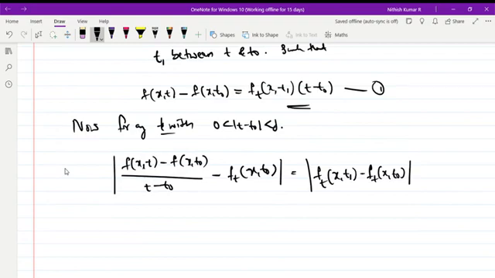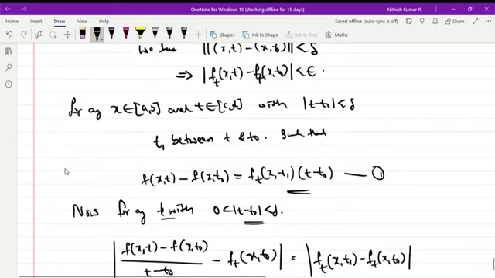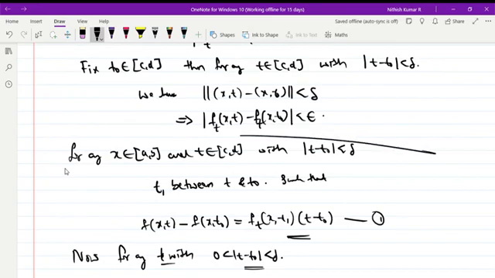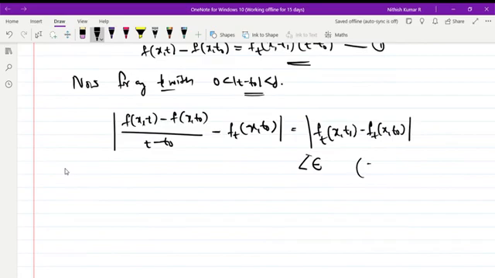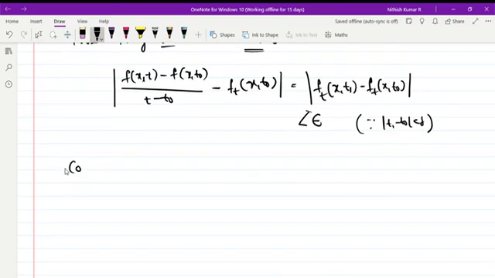But since for any t with 0 less than modulus of t minus t naught less than delta, for this t1 and t naught, the difference between t1 and t naught is less than delta, we get this difference is less than epsilon, since modulus of t1 minus t naught is less than delta.